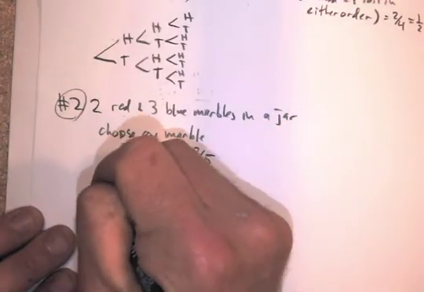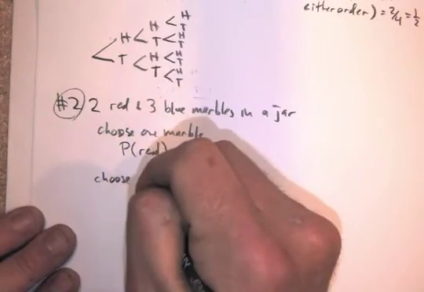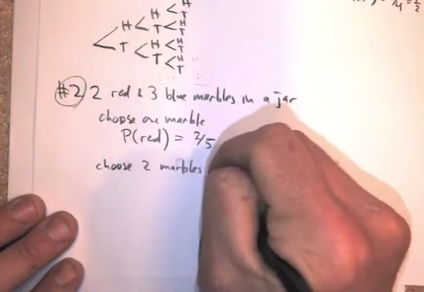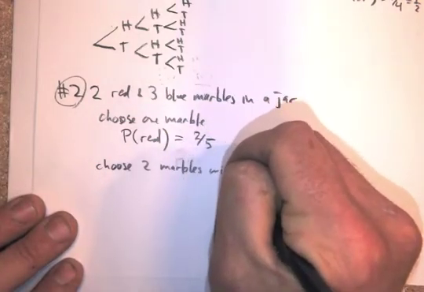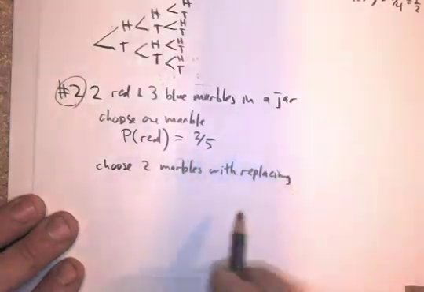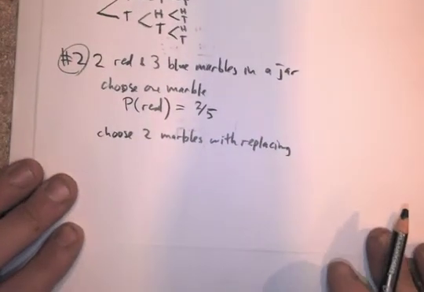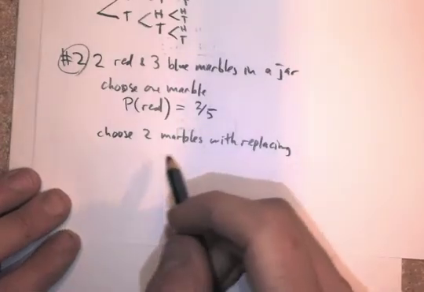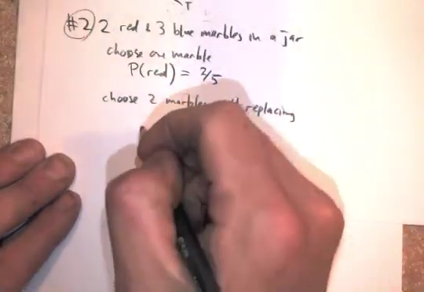What if it says choose 2? Let's say choose 2 marbles with replacing. In other words, you choose 1, you replace it. I choose the marble out, I replace it, and then I choose another one. How would you look at that scenario? This is where we're going to make a tree.